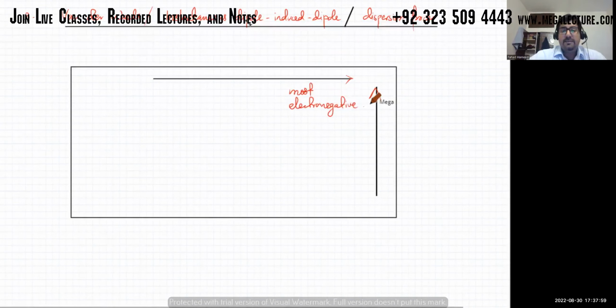These atoms really like to gain electrons, and the ones on the other side are going to lose electrons. For the compound to be ionic, you had to have a difference in electronegativity of greater than 1.7. Otherwise it will form a dipole.